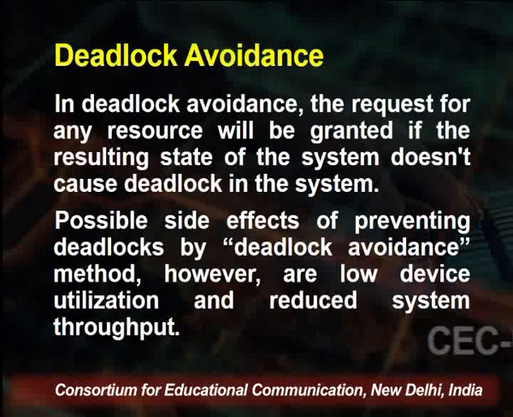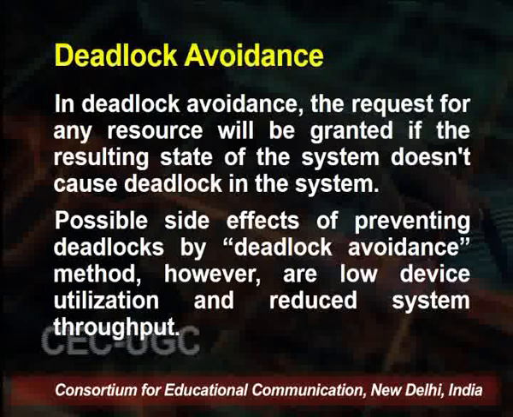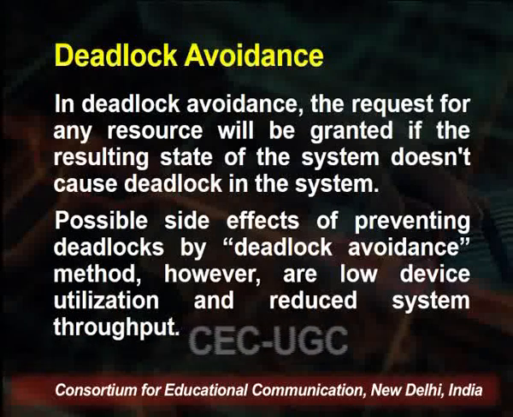Now after this deadlock prevention, let us come to a new subtopic, which is deadlock avoidance. In deadlock avoidance, the request for any resource will be granted if the resulting state of the system does not cause deadlock in the system.